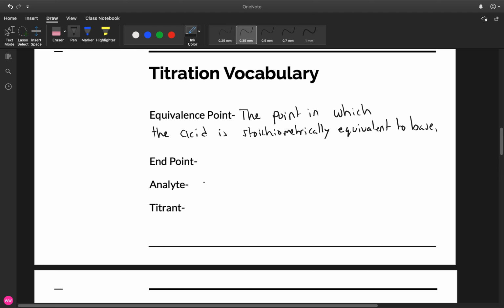Now, endpoint is almost the same thing as equivalence point. When we're doing titrations, we often will use an indicator, which is a substance that changes color based on pH. And the endpoint is going to be the point in the titration where the indicator changes color.